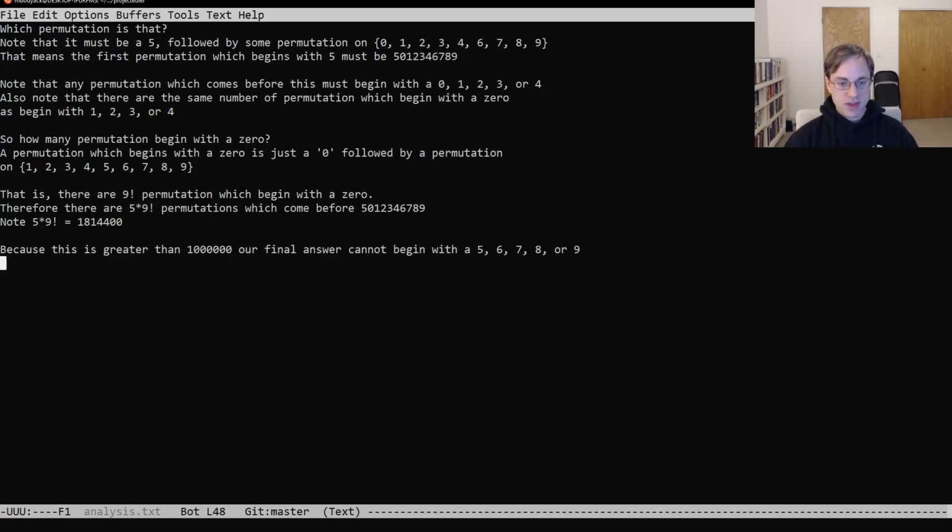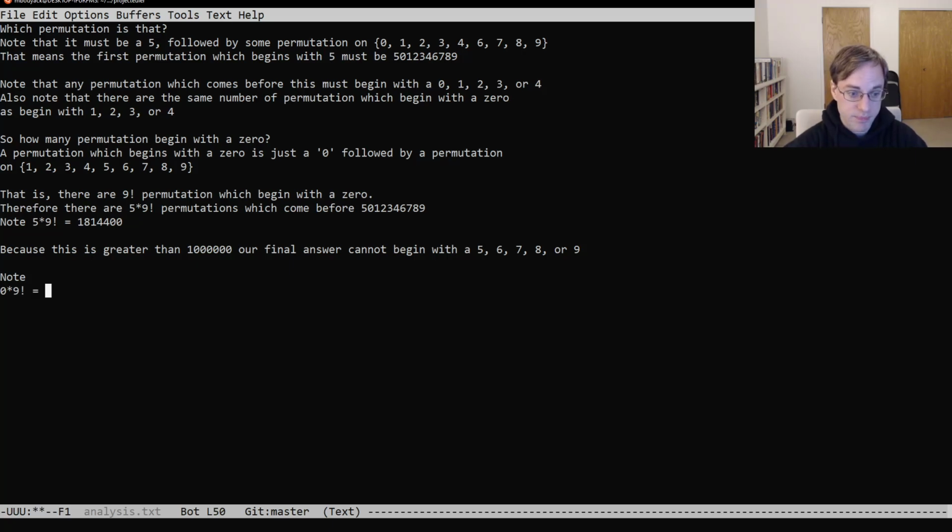And using this technique of figuring out the number of permutations that come before a given permutation, or rather, a permutation which is the first permutation beginning with a given digit, we can figure out what range our final answer must be in. And so we'll note 0 times 9 factorial.